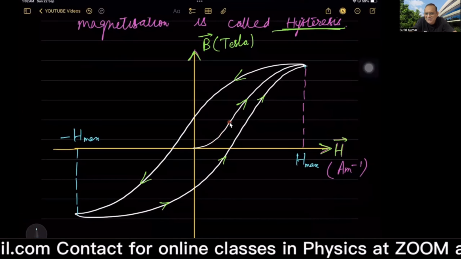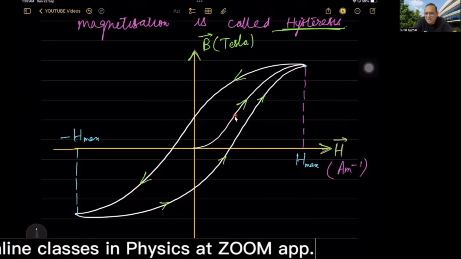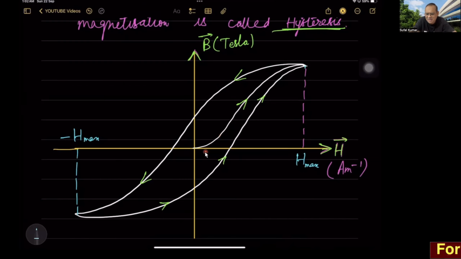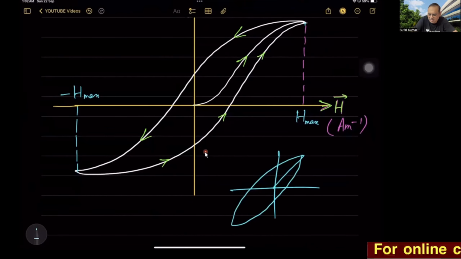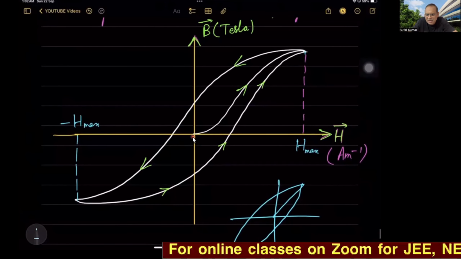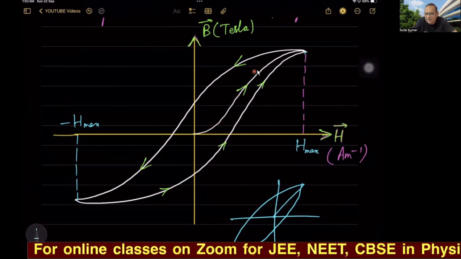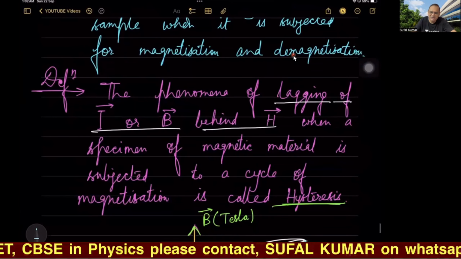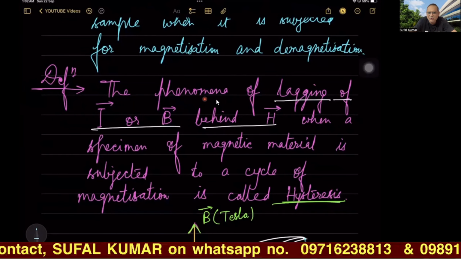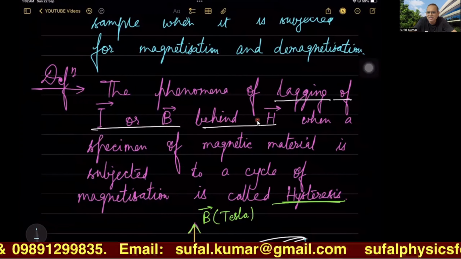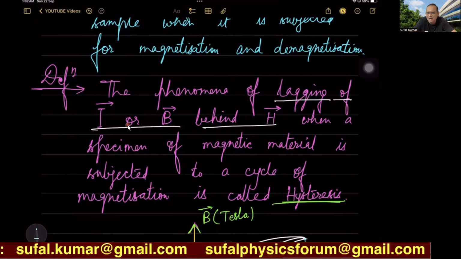As H increases, B could not increase at that speed. That means something is lagging. Otherwise, the graph could be like that also. But the variation became curvy, and because of this, in the definition we had the phenomenon of lagging of I or B behind H, meaning it is running late.